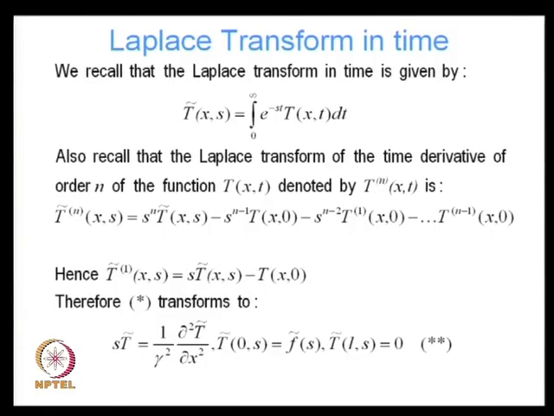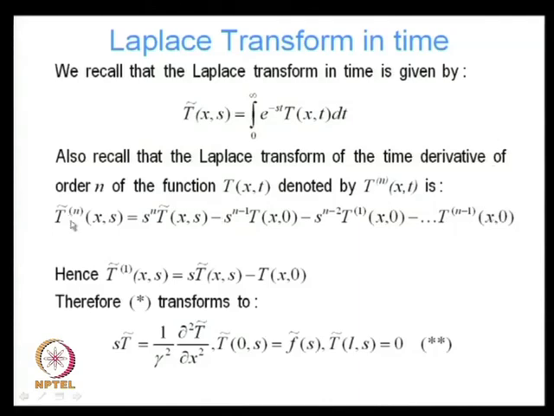And there is a simple rule which tells me how I can find the Laplace transform of the nth derivative of a function. So, if I have T^n, which means d^n T by dt^n of the function T, then if I do the Laplace transform of that, I can write that in terms of the Laplace transform of my original function T tilde x s plus the initial conditions.